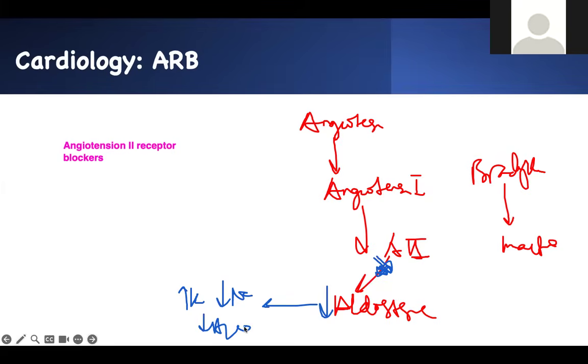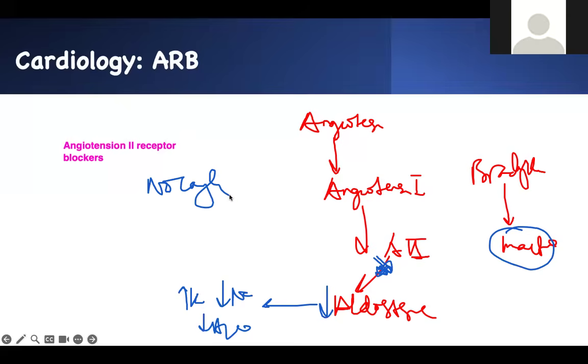What is the key aspect? It does not block the angiotensin converting enzyme. What it does is the bradykinin can be converted to the inactive state, and therefore there is no cough associated with it. They may have angioedema, but angioedema is less common compared to an ACE inhibitor.